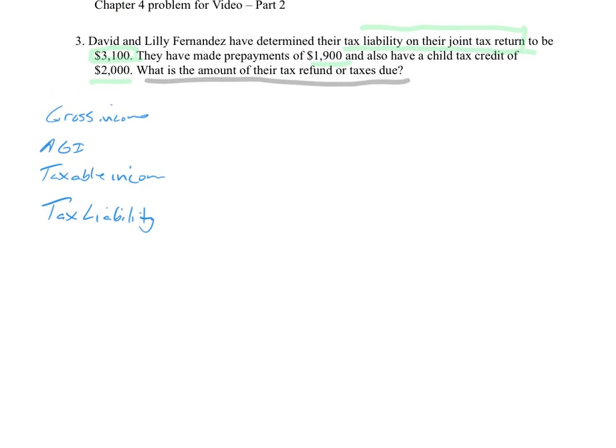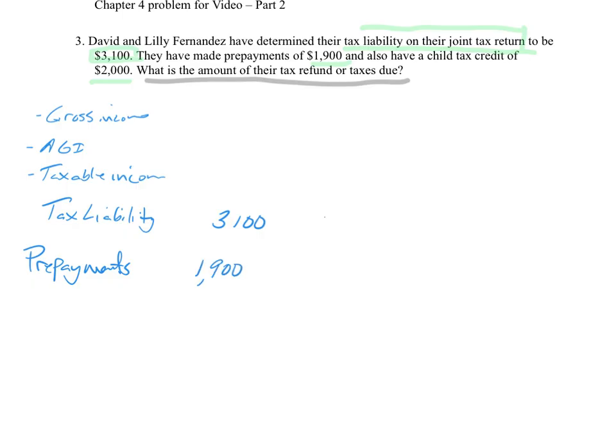But this time, we don't have our gross income, our adjusted gross income, or our taxable income. We just start with tax liability. And so our tax liability is $3,100, okay? And they've made prepayments of $1,900.